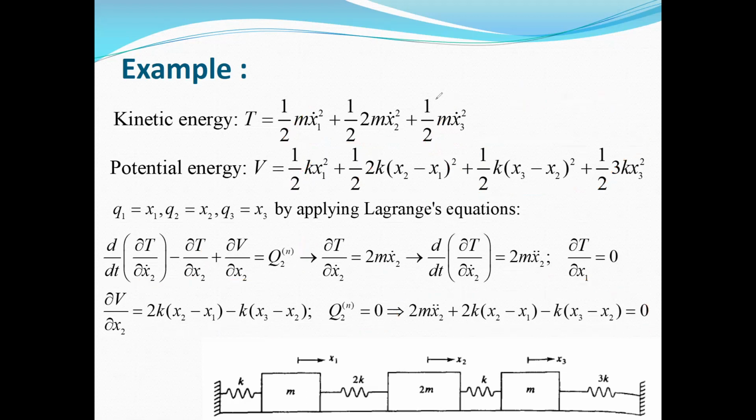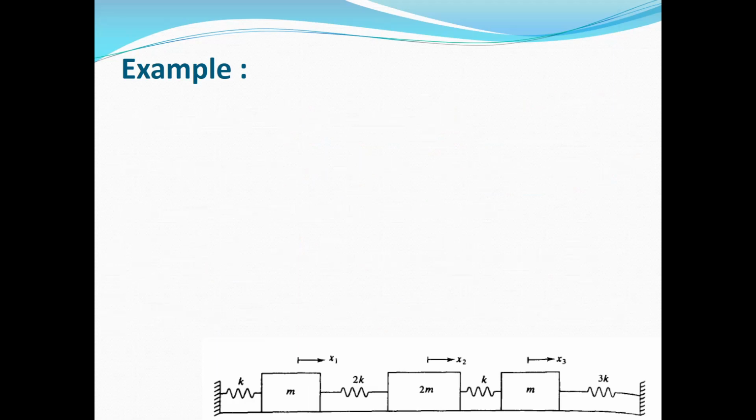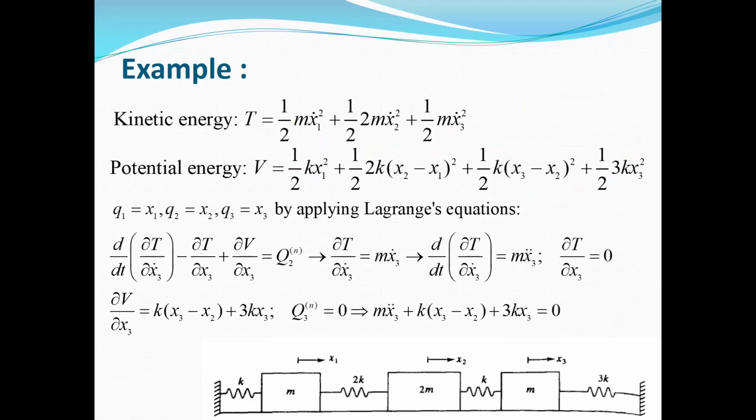And now, instead of x2, we should substitute x3 to calculate the third equation. For the third equation, we will have the derivative of partial T with respect to x3 dot, minus the partial of T with respect to x3, plus the partial of V with respect to x3.